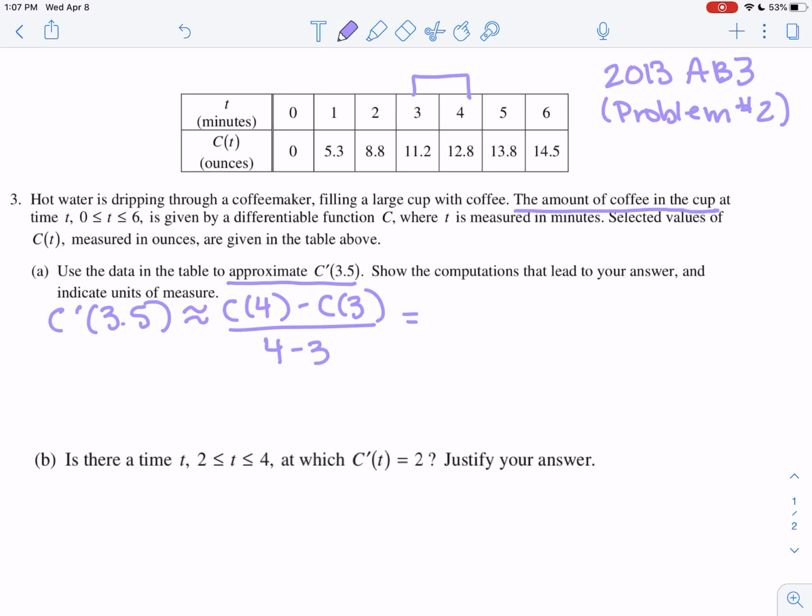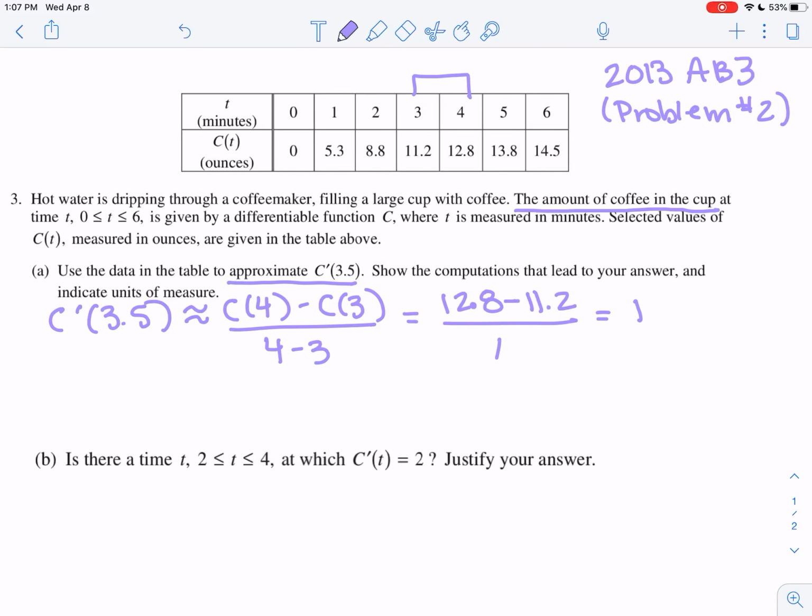I cannot leave it there because I don't have only numbers yet. So 12.8 minus 11.2, I'm grabbing these numbers from the table, all over 1 essentially. We could leave it like that, or simplify to 1.6.